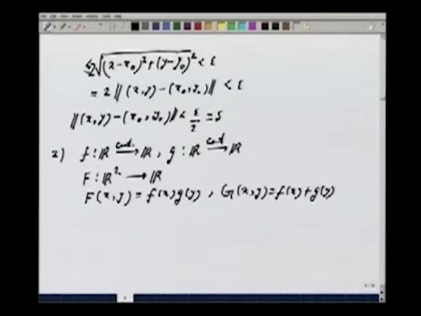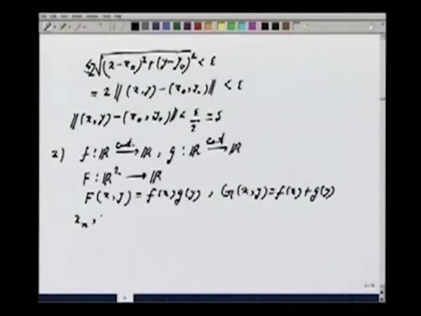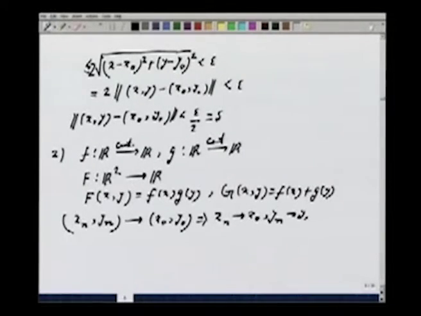So how do we prove that capital F is a continuous function? I try to use the sequential criterion. So take a sequence (xn, yn) converging to (x naught, y naught). This then implies that xn converges to x naught, yn converges to y naught. In fact, it is implied by and implies my proposition.